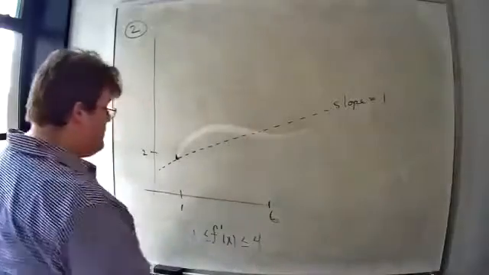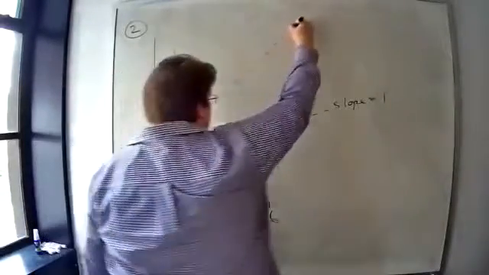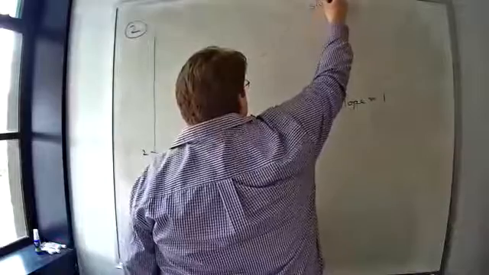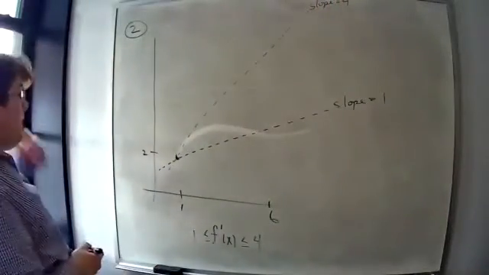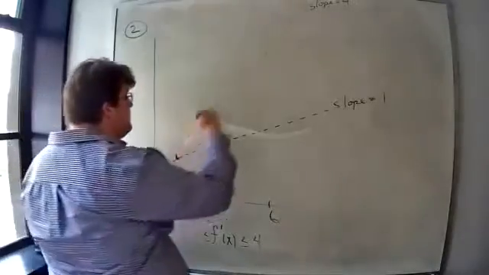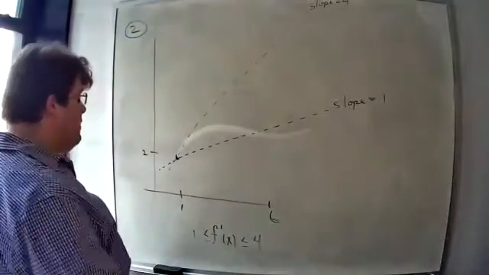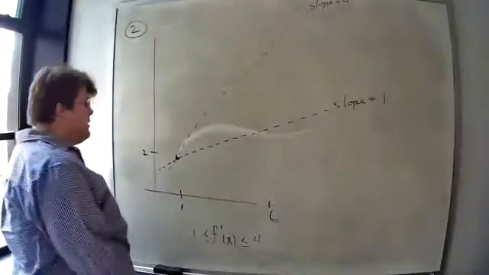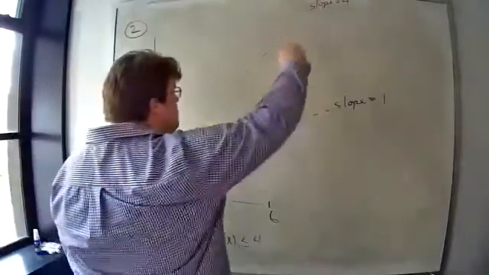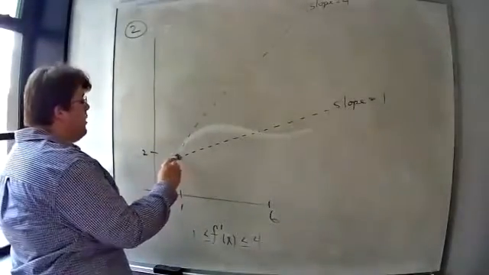The derivative is also bounded by 4. So we take this line with slope 4. This function isn't going to be able to go above that line because its derivative would be larger than 4. So this function must exist between these two dotted lines, and it must go through this point.